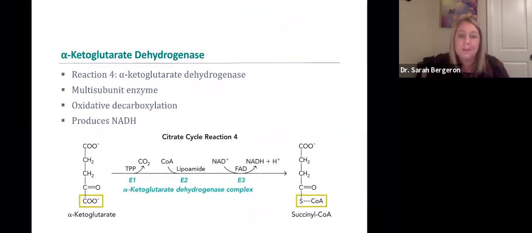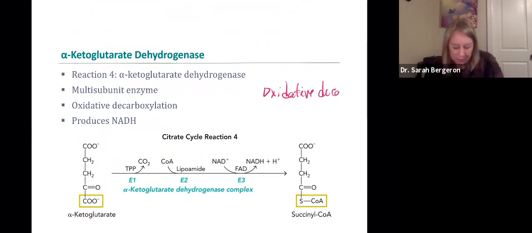All right. So now our second oxidative decarboxylation reaction. So in this oxidative decarboxylation reaction, we have alpha-ketoglutarate dehydrogenase complex. Now, this is a complex that is really similar to our pyruvate dehydrogenase complex.